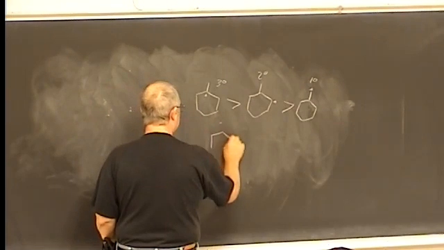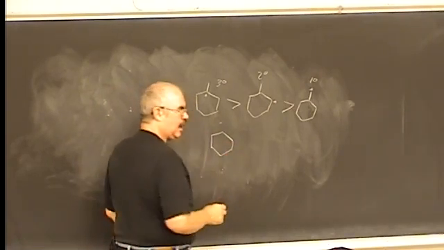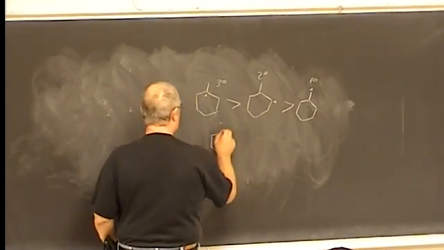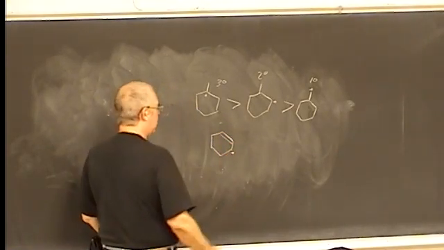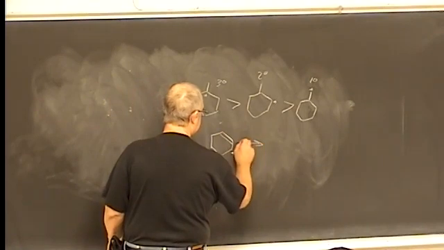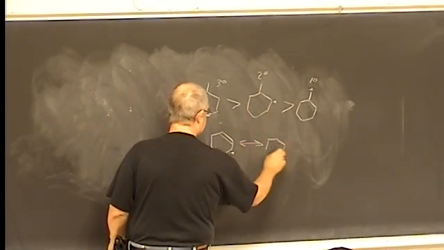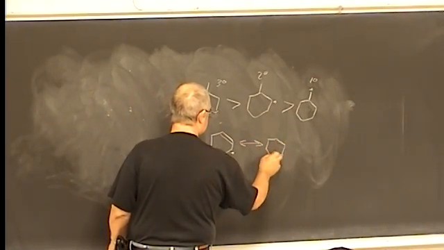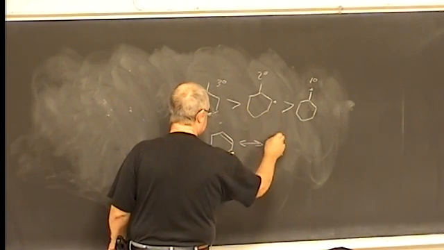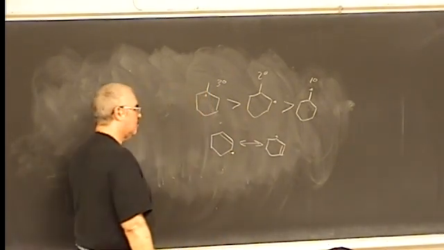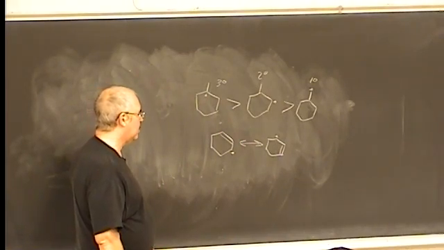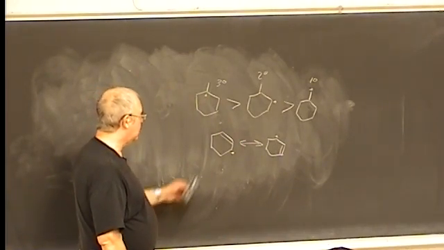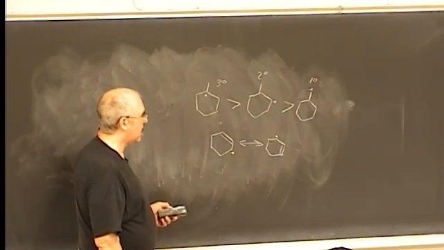Something else that confers stability to free radicals is resonance. Okay, so if we have what is called an allylic free radical, okay, where the odd electron can be delocalized, this is very stabilizing as well.